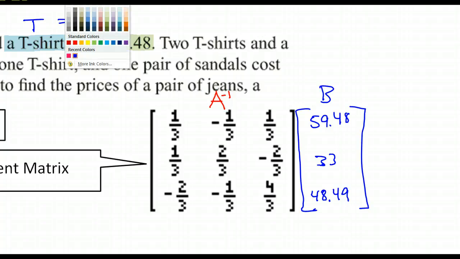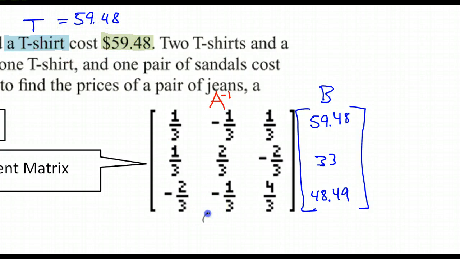Now remember our analysis. This is a 3 by 3 matrix. This is a 3 by 1 matrix. That means the final answer should have the form 3 by 1.